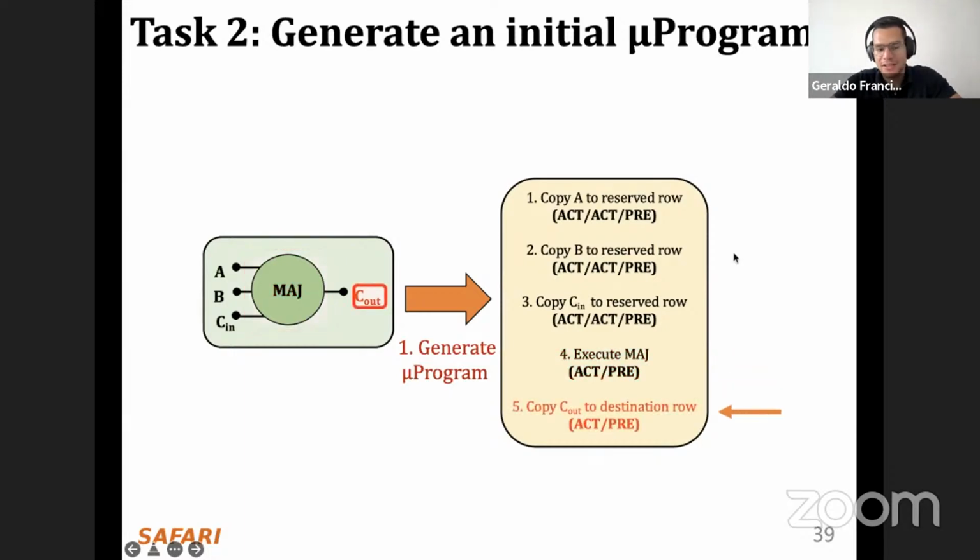Then, in this example, we need to copy the output of the operation back from the compute rows to the destination rows by issuing another row copy operation. The result of this first phase of task 2 is what we call our initial microprogram.